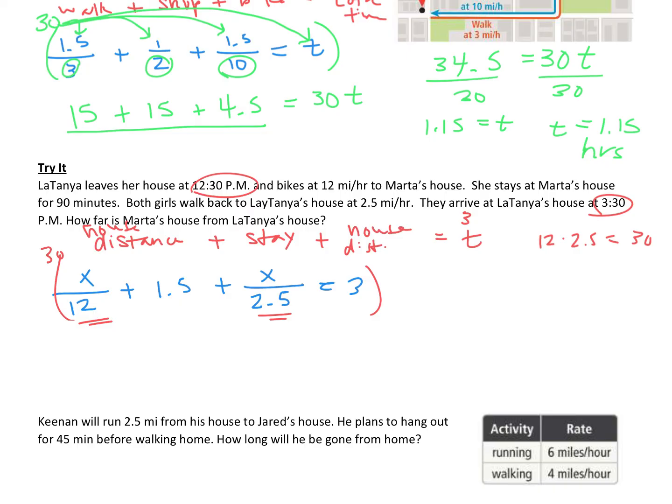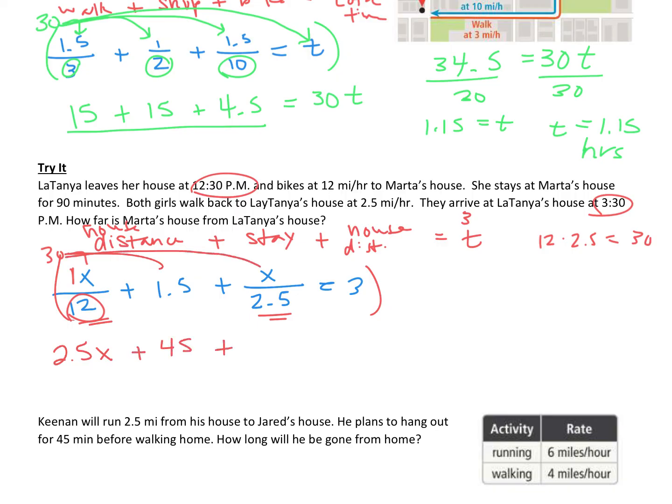Okay, so remember what we do is we multiply to the top. That's just an x, but there is a 1. So 30 times 1 is 30, divided by 12 is 2.5, and that x just carries down. 30 times 1.5 is 45.